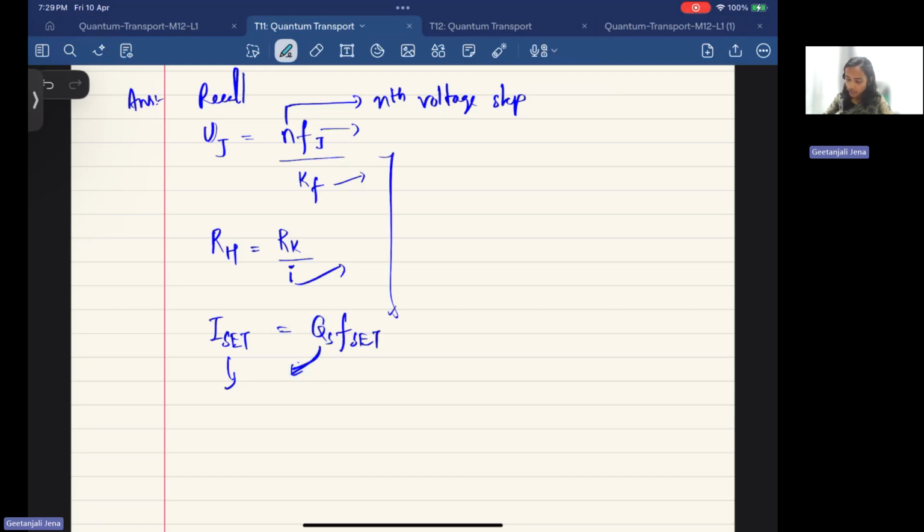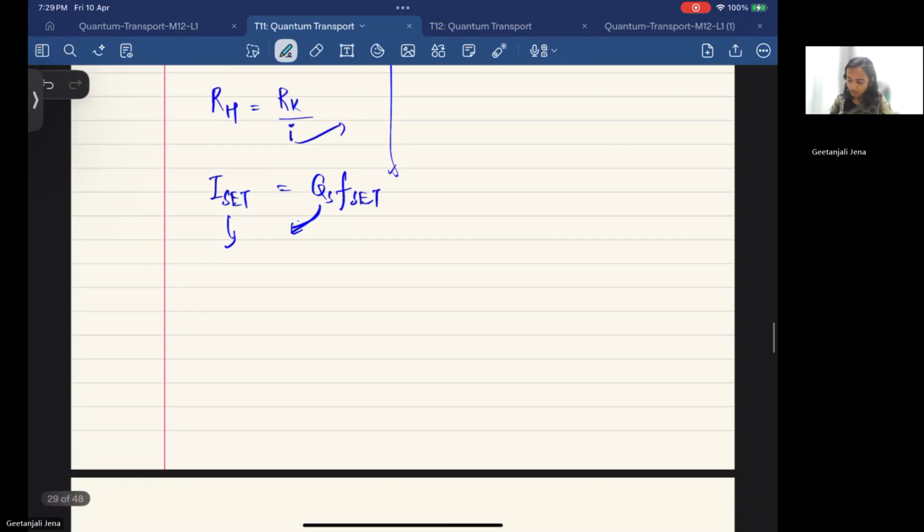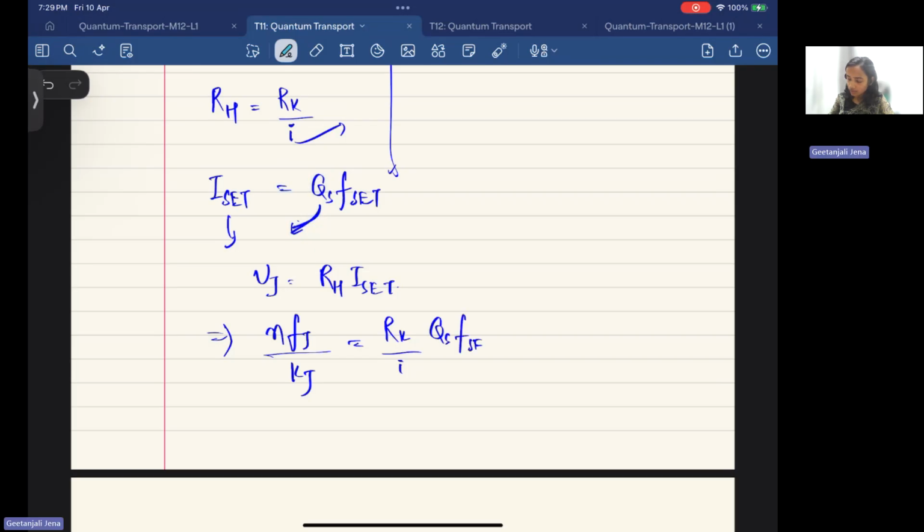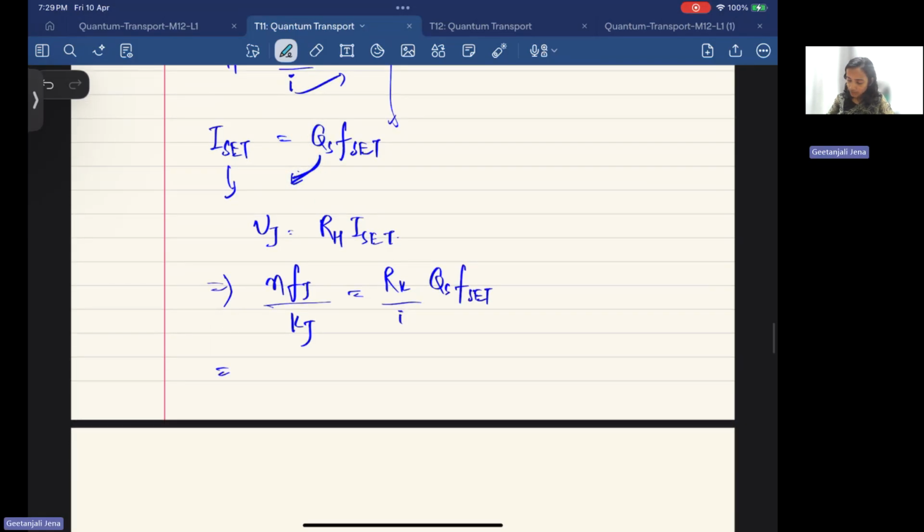Now, if we combine this, we have the quantum Ohm's law: UJ is RH times ISCT. If we put in the relations for FJ, KJ, RK by i, QS, and FSCT, we can get FJ by FSCT equal to RK, QS, FSCT.